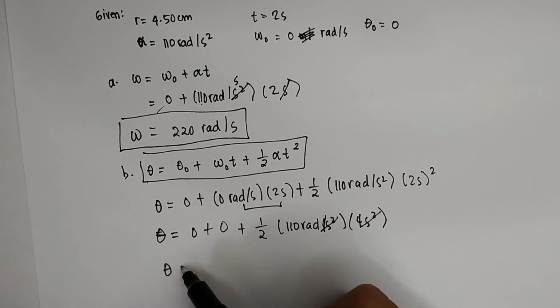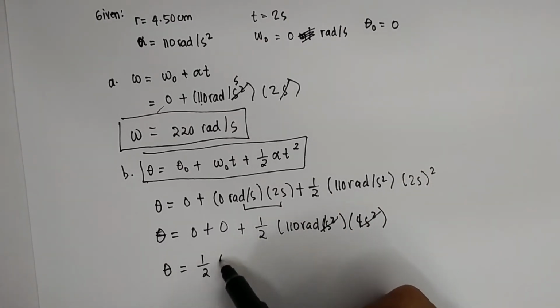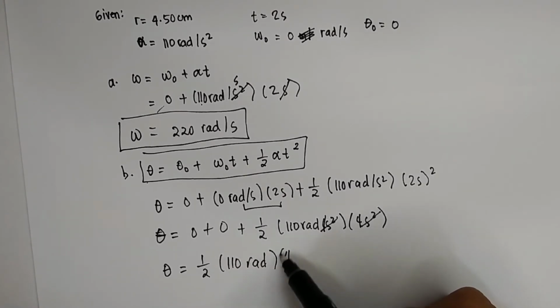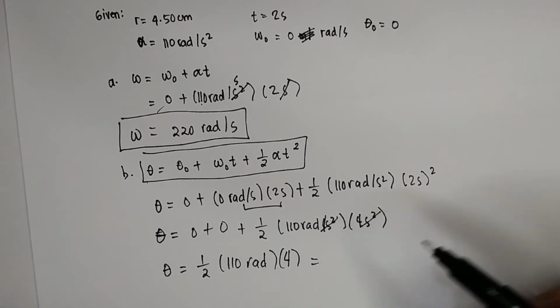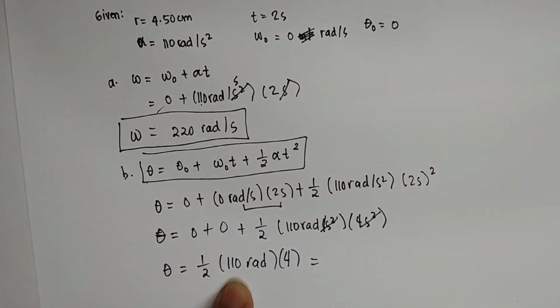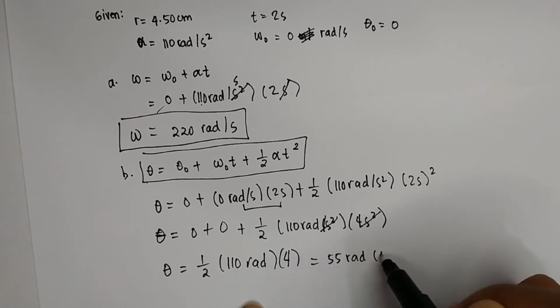So our angle now will be 1 half times 110 rad times 4. This is 1 half times 110, that is 55 rad, times 4.